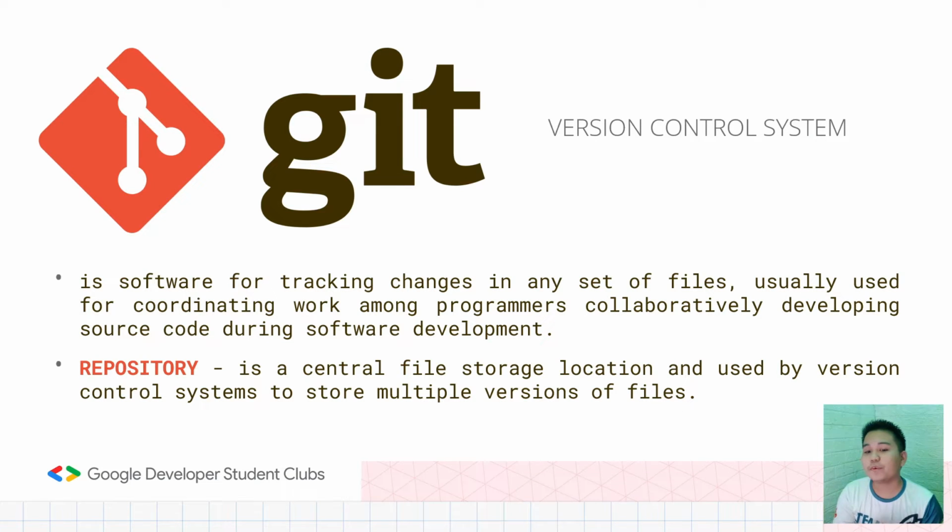So all the versions of your files are in Git, in the repository. Git has a repository where it stores the different versions of your files in your program, and Git also takes care of bringing them back. The repository is just a storage location, while Git is the one that processes restoring your file or storing it as another version, okay?